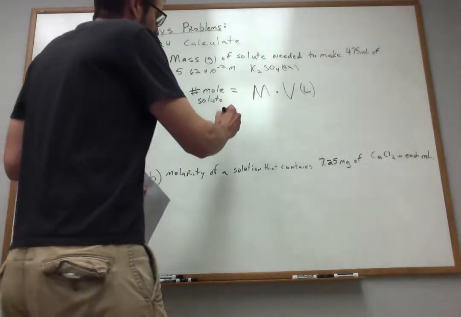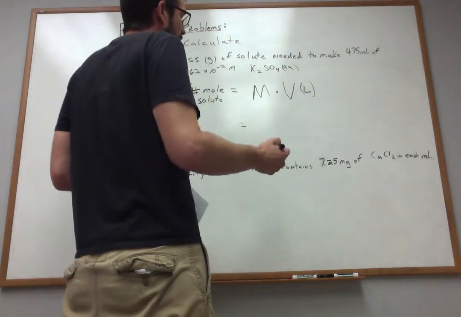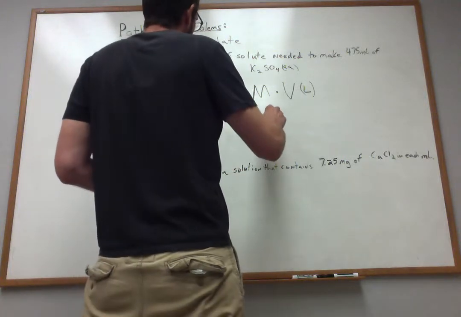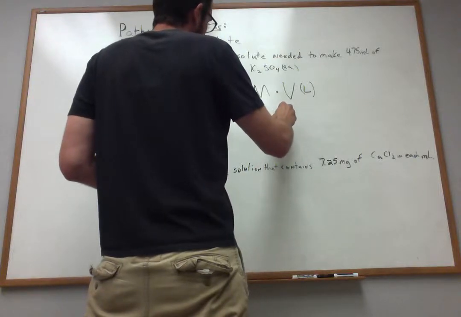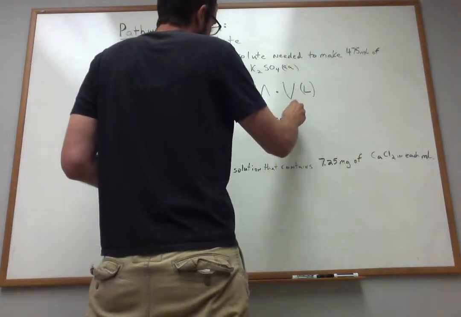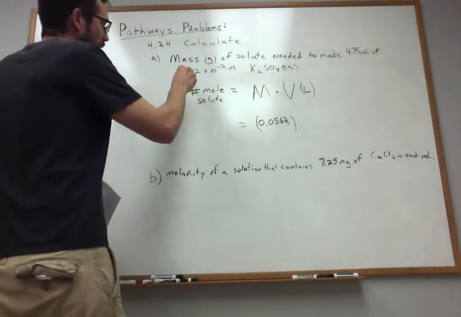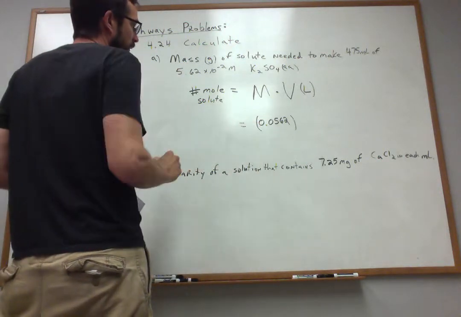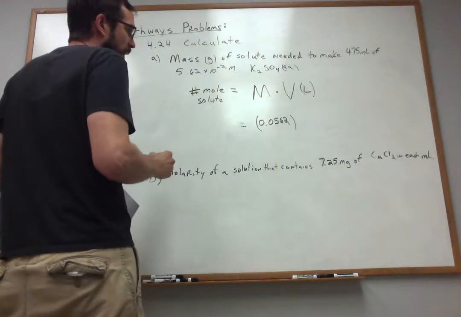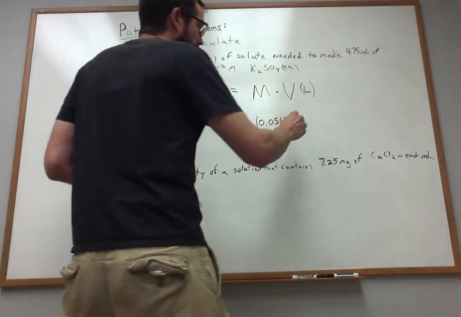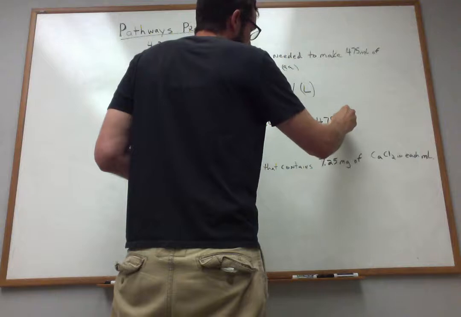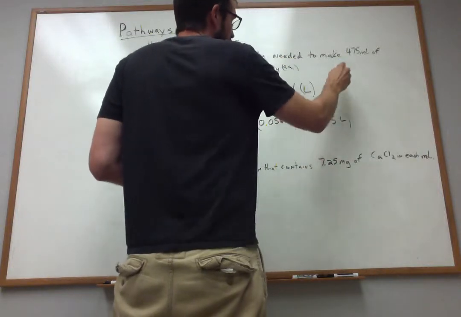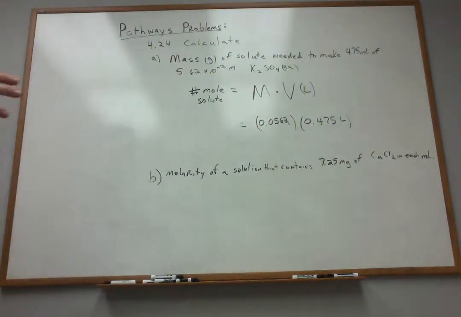Okay, so this is a really good thing because I know my molarity is 0.0562. I was told that in the problem, right? 5.62 times 10 to the minus 2. That's my molarity. And my volume is 0.475 liters. I was told 475 milliliters in the problem, but I know there's 1,000 milliliters in a liter.